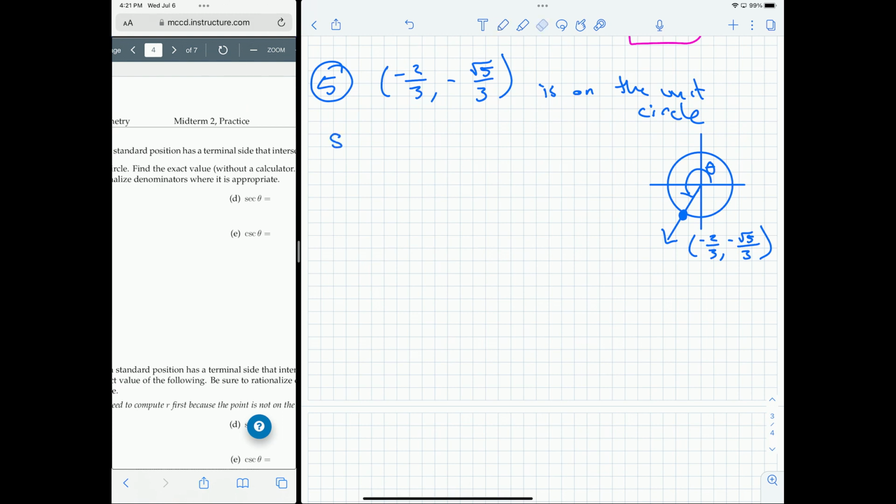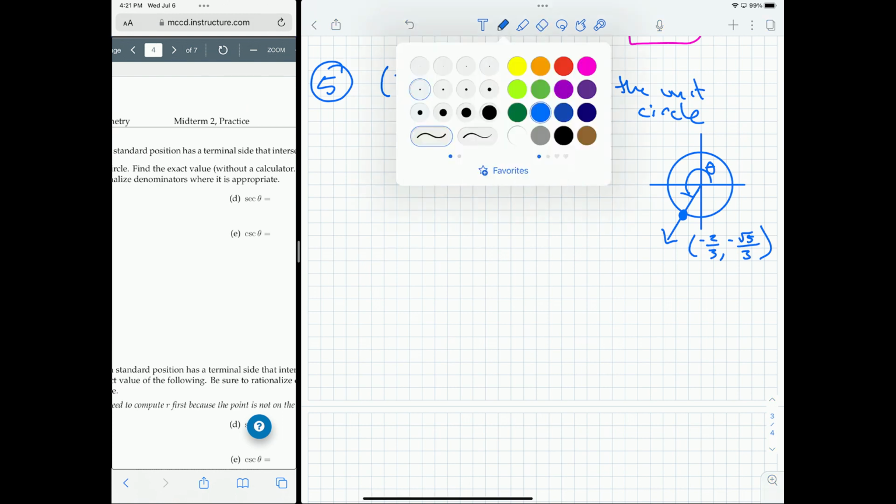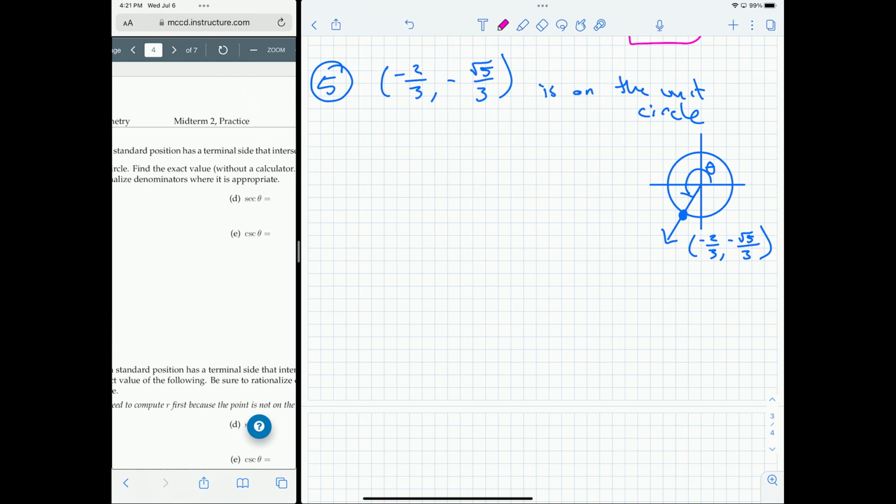So let's go ahead and do this problem. We've got sine theta. Sine theta is just going to be the y value. So you just write it. There it is. Cosine theta is the x value, so it's negative 2 over 3.